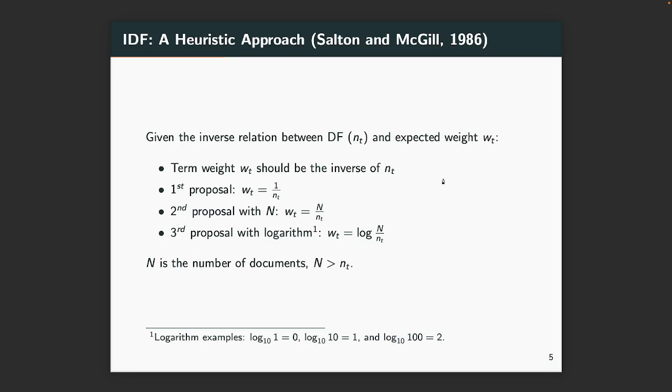Think about this. In the second proposal, the weight for the word "the" will be 1. The weight for words such as Orleans can be a million. So there's a huge difference between the weights of the words.